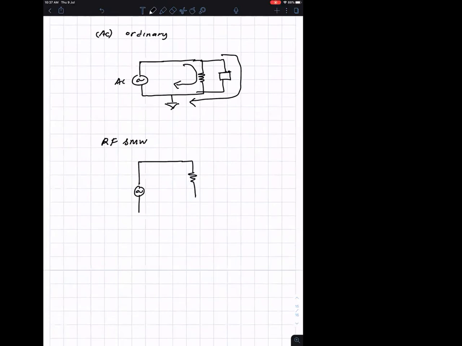Let's say you have a similar circuit, a similar load. Of course, all the currents have to return, and you also have a common ground.